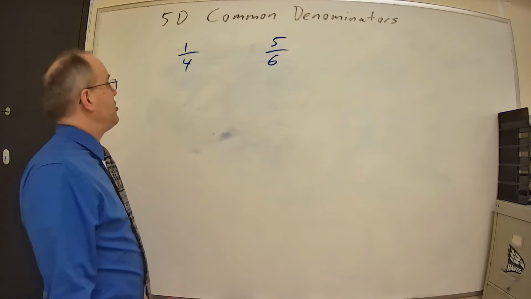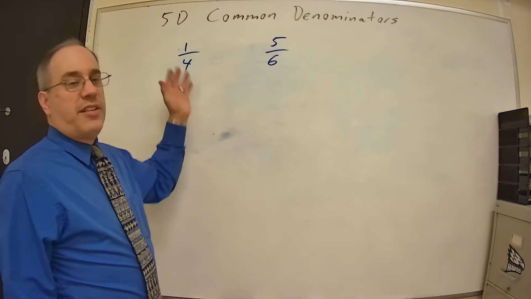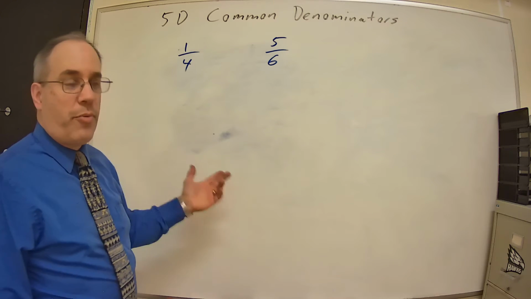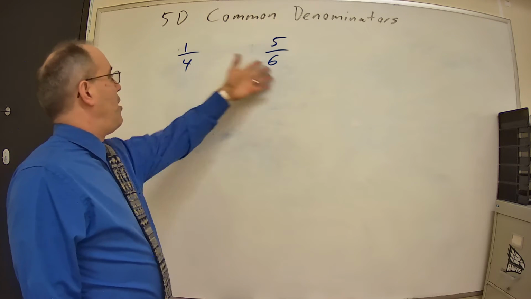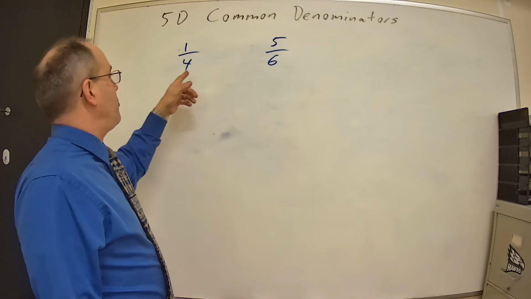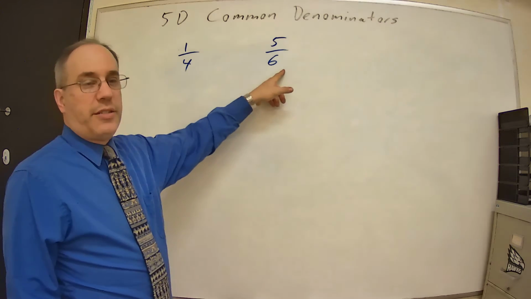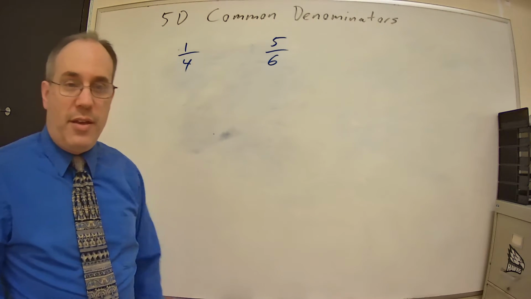Well, it was easy to just say, okay, how many times does this go into that, and determine our multiply. But here, again, well, gee, what would be a common denominator? I can't multiply 4 by a whole number and get 6. It doesn't happen. So what can I do?